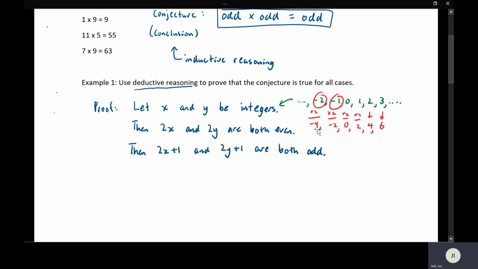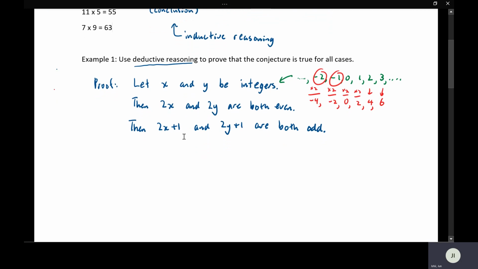Which makes sense: if I take an even number and add 1, it turns it odd. So this is how we actually create odd numbers with variables. And since we're using variables x and y, this basically covers all odd numbers when we have 2x and 2y. Okay. All right, cool.